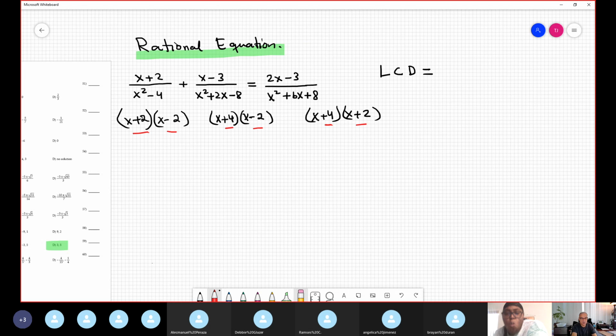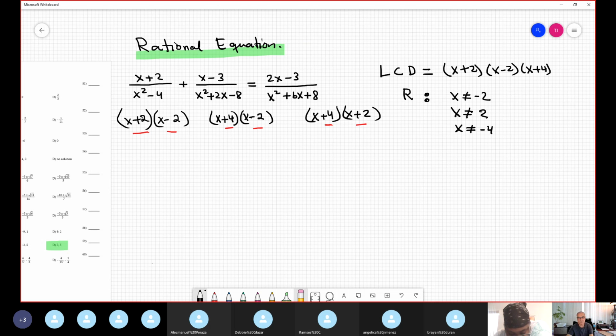In this case, x plus 4, you take; x plus 2, taking only one time; x minus 2, taking only one time; and x plus 4, taking only one time. And no more factors. But the restrictions associated with this LCD are negative 2, illegal value, positive 2, illegal value, and negative 4, illegal value.